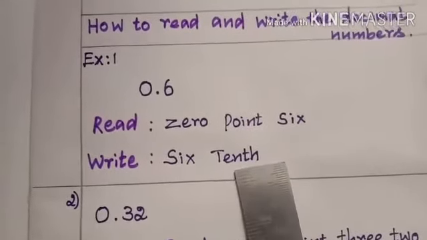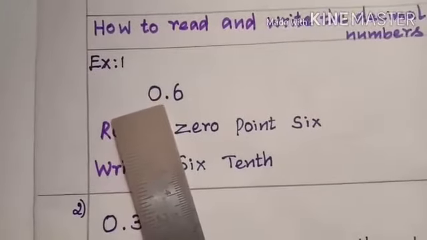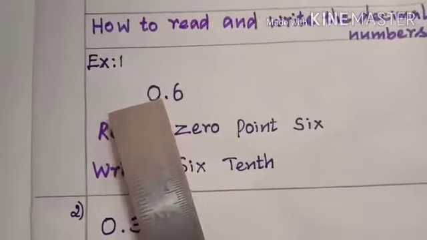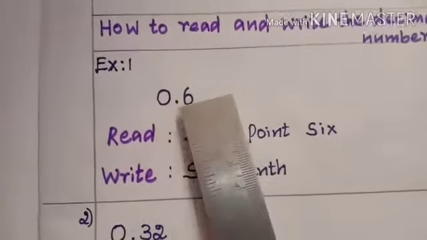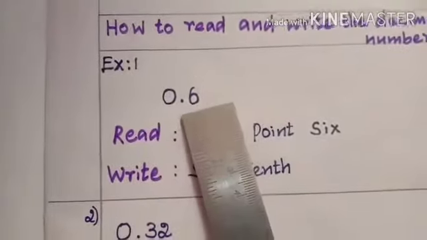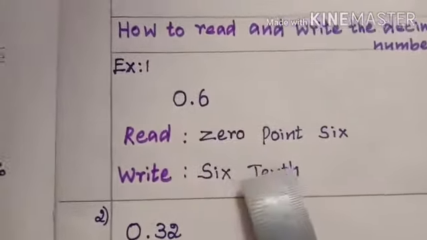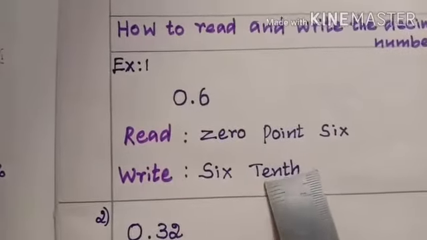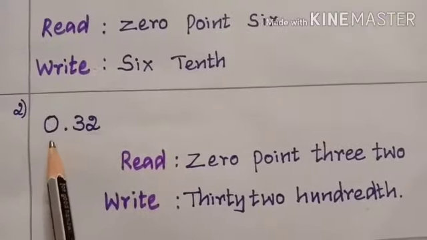Now let us learn how to write. Here there is no whole number. After the decimal point, the place value starts from tenths, hundredths, thousandths. What is the place value of 6? Yes, that is tenths. So the answer is 6/10.